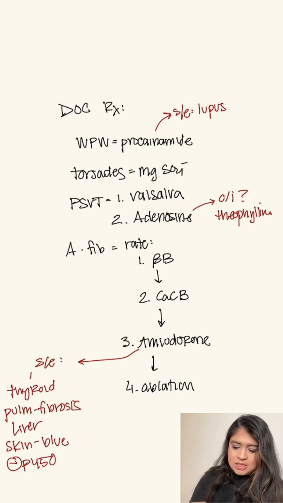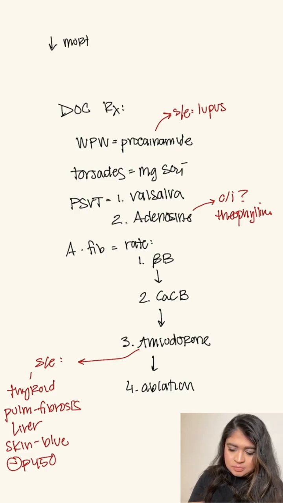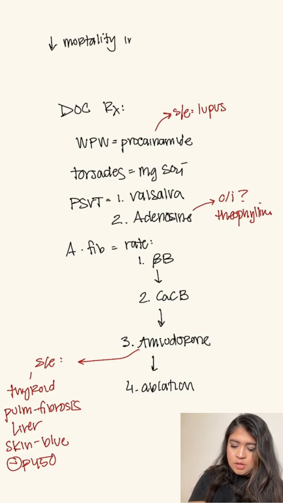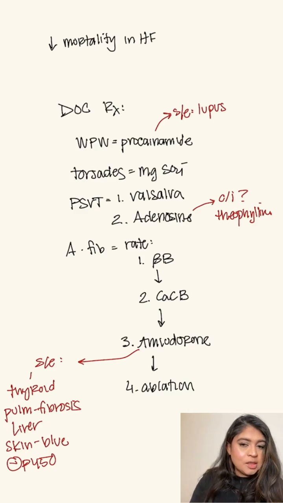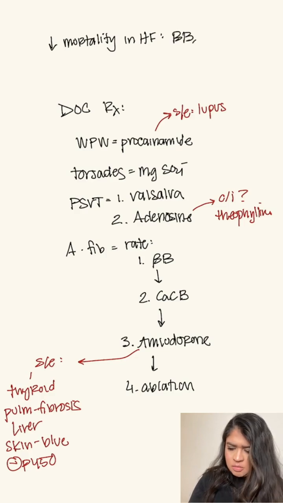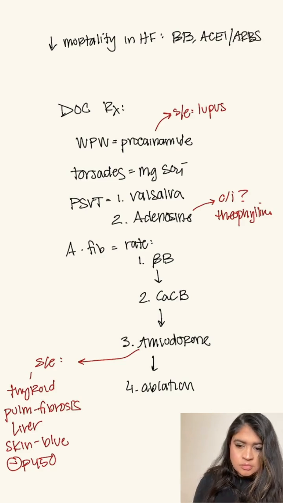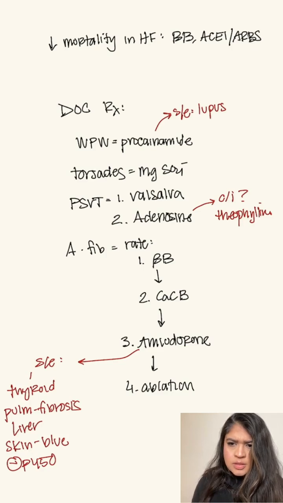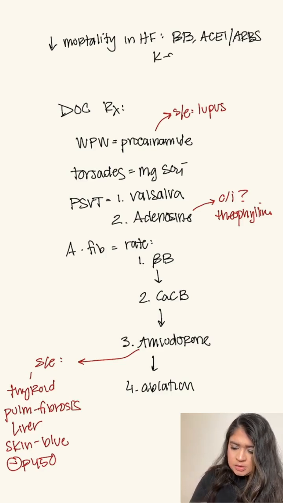What are the drugs that decrease mortality in heart failure? Now, there are a bunch of drugs you should give in heart failure, but that doesn't mean they necessarily decrease mortality. There's a few we should know. We got beta blockers. We got ACE inhibitors and ARBs. Okay, K sparing.